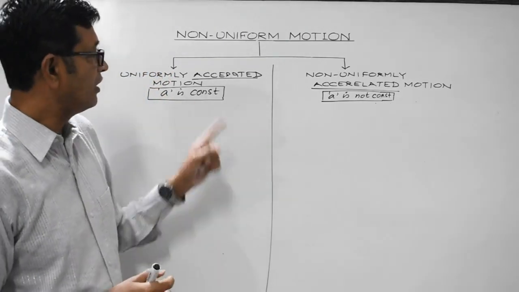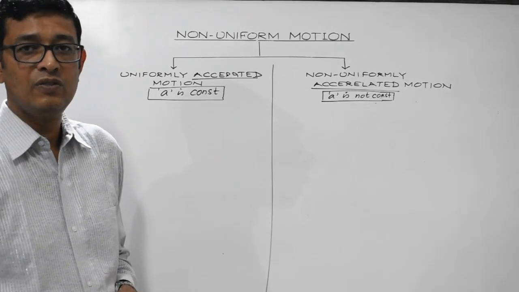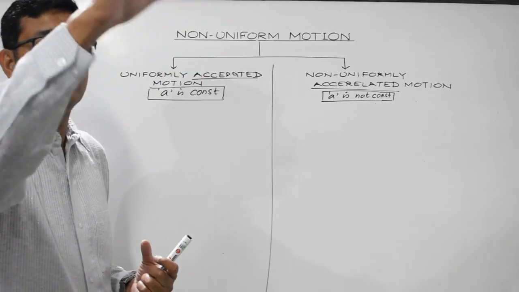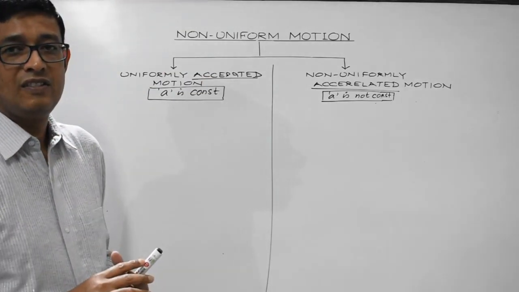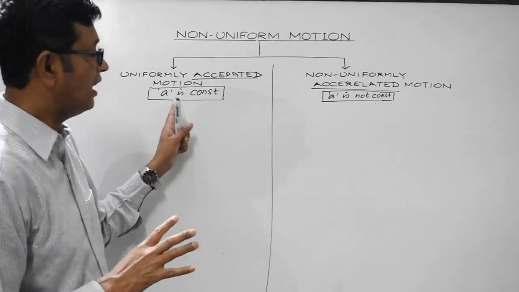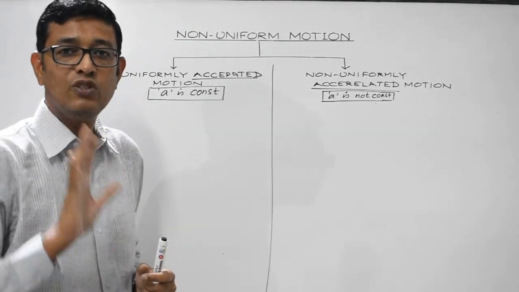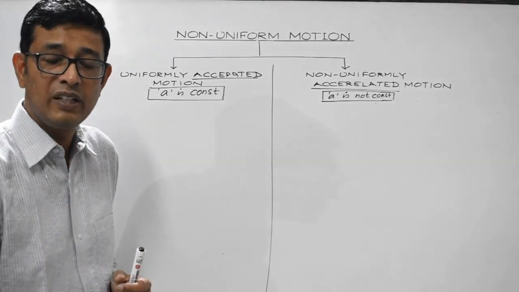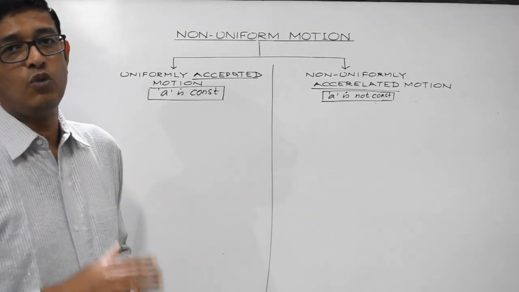So if A is having constant positive value, then the speed of the body increases at a constant rate. That is known as uniformly accelerated motion. And if A is having constant negative value, then the body is said to have uniformly decelerated motion.